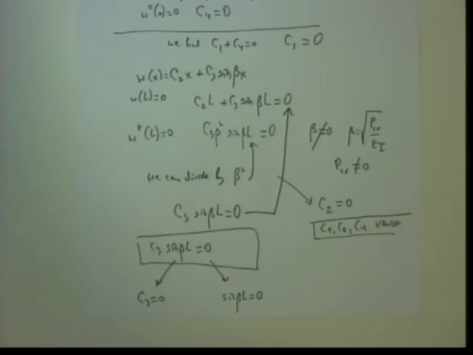When a product equals 0, then either a factor equals 0 or maybe both equal 0. So there is a possibility that C3 equals 0 or sine beta L equals 0 or both equal 0. Now, C3 cannot equal 0. I will tell you why.